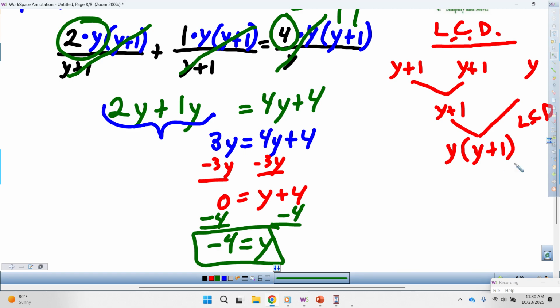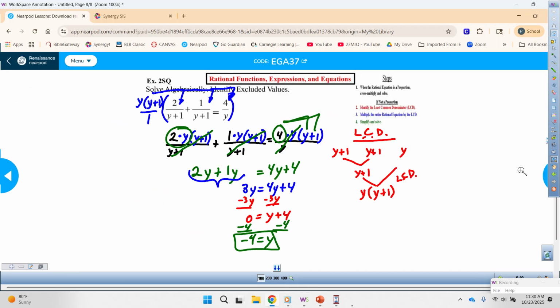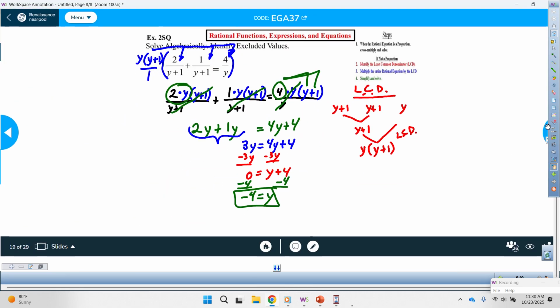Let me zoom out. No, that's fine. You can do either one. Minus 3y from the 4y. Right here. So this is 0. But whatever we do to one side, we do to the other. So what is 4y minus 3y? 1y.